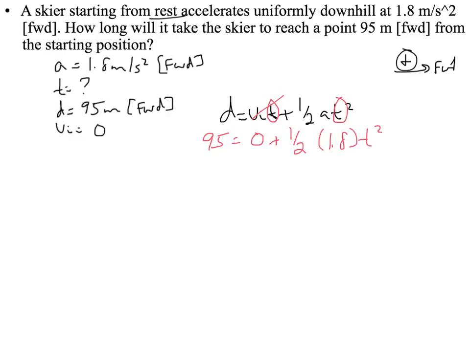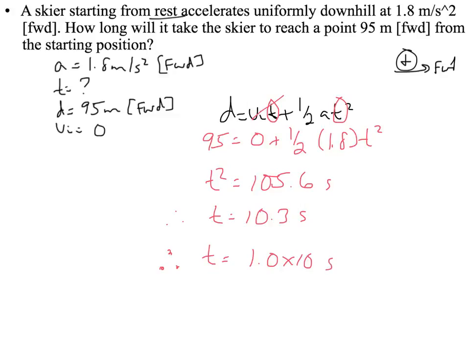We do some rearranging. We get T squared equals 105.6 seconds. Therefore, T equals 10.3 seconds. We need 2 sig digs, so now our final therefore, time equals 1.0 times 10 to the 1 seconds.